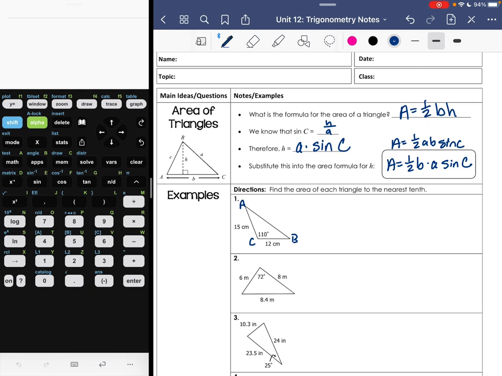So the area here would be 1/2, and then A is 12, or B is 12, whichever way you've labeled it, and 15.